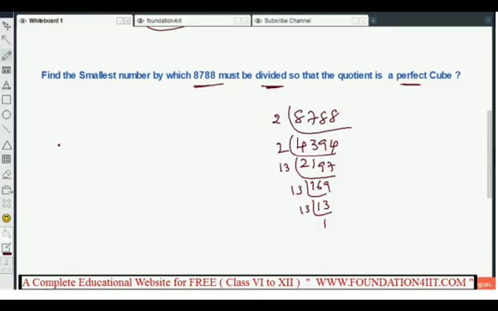Fine. So 8788 I can write as 2 into 2 into 13 into 13 into 13. So 13 into 13 into 13 is already one set.